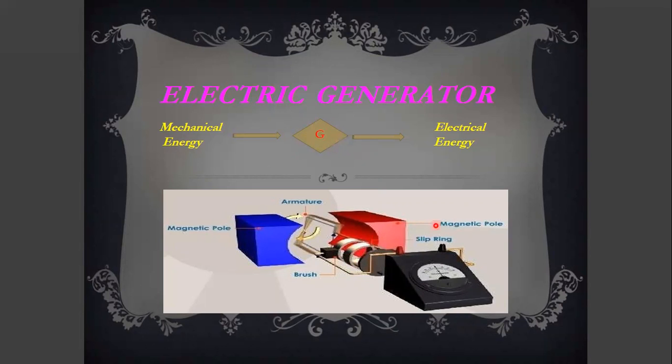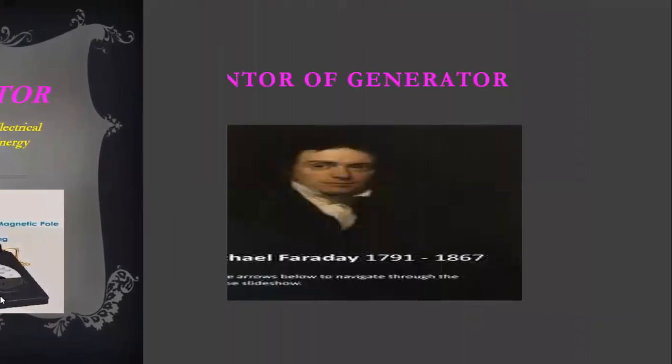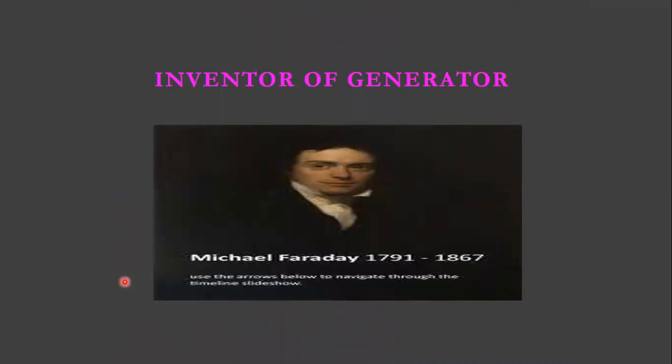These are the slip rings, and these are the brushes. This is the armature. The electric generator was invented by Michael Faraday.